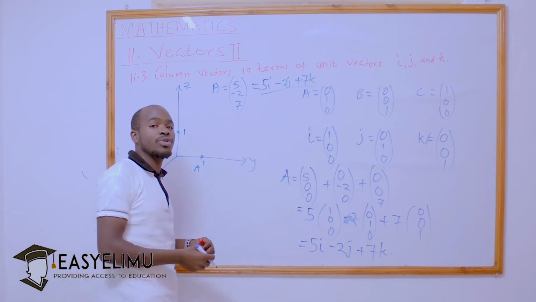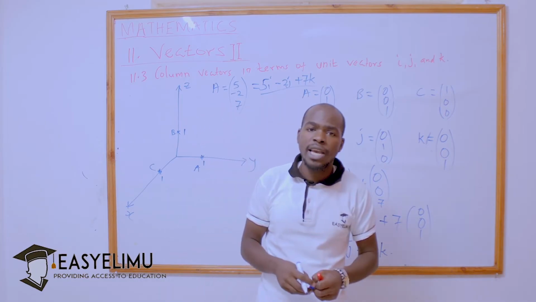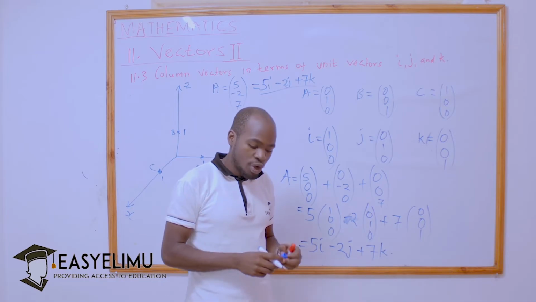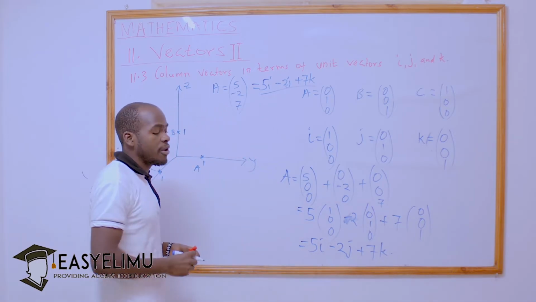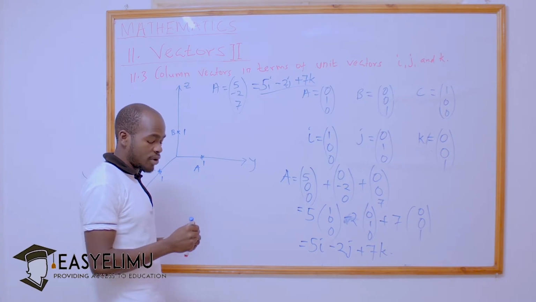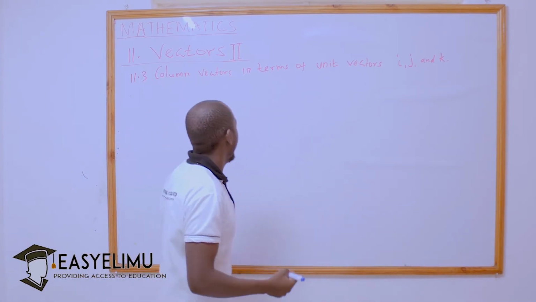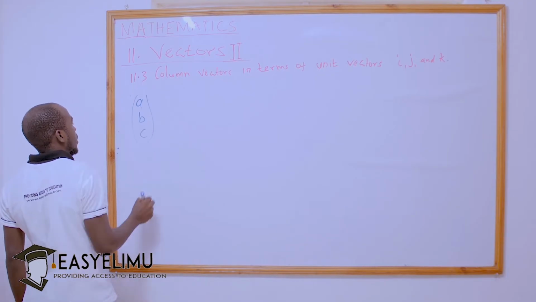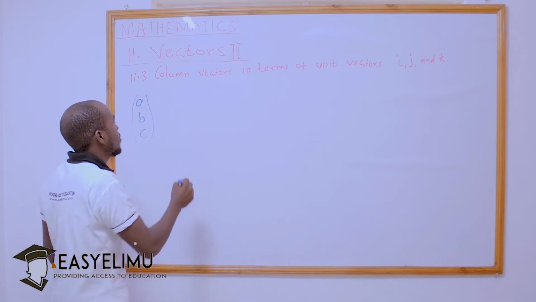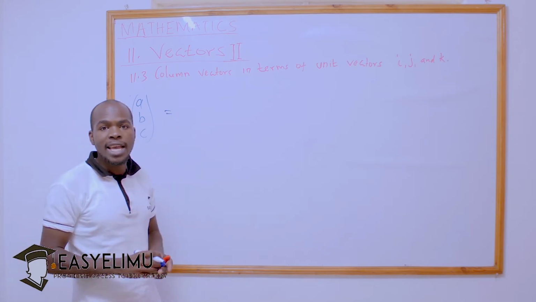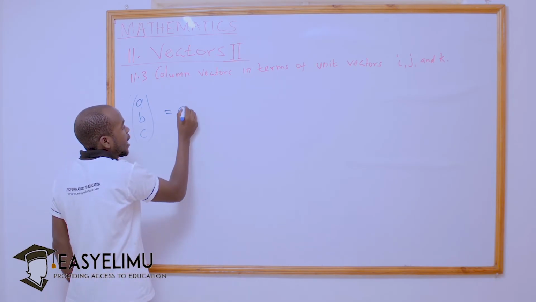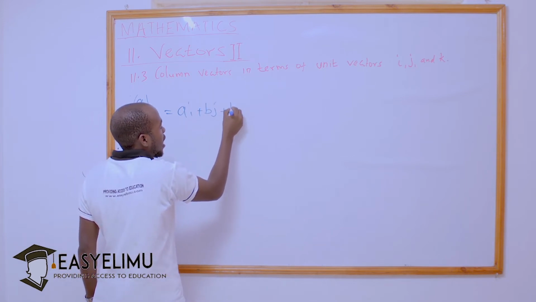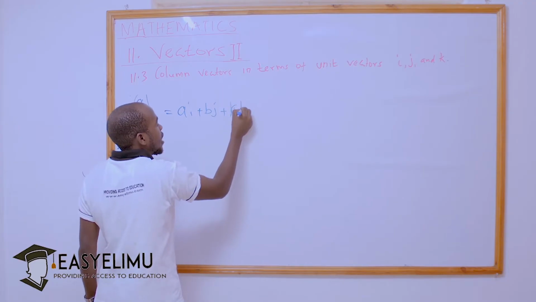So if you are being asked to write in terms of I, J, and K, and you are given a column vector in 3 dimensions, then that is how we do it. So we shall give a general comment on it. In general, if you have A, B, C, then this one can be represented in terms of I, J, and K as AI plus BJ plus CK.